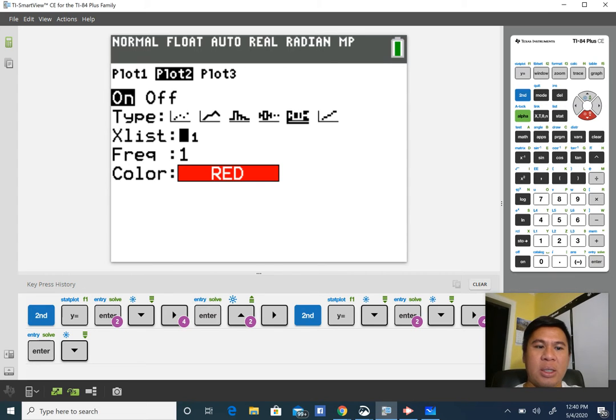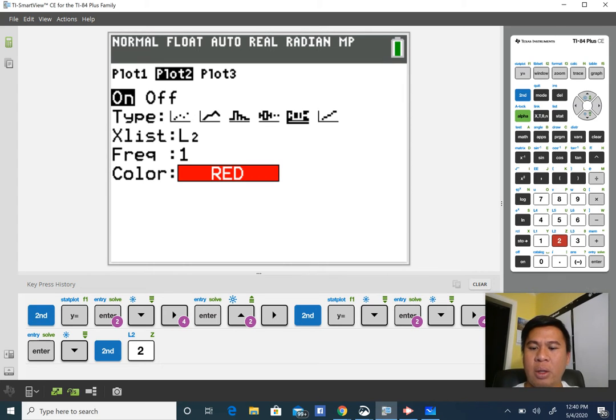Under XList, since my plot 1 is about L1, then my XList here should be L2. L2 is the blue label above number 2, so to get that L2, I'll click the blue one, which is second, and then number 2 to make it L2. I choose the color red, but I can choose a different color as well if I want to.